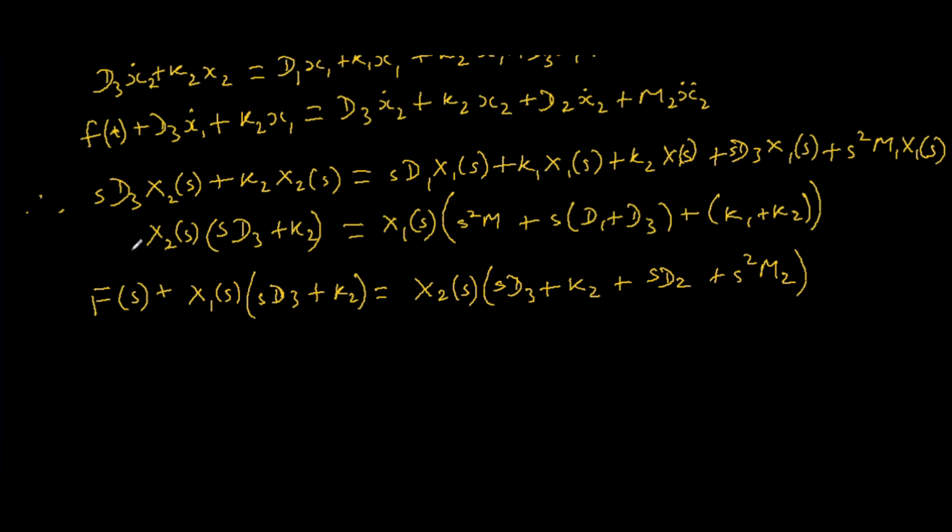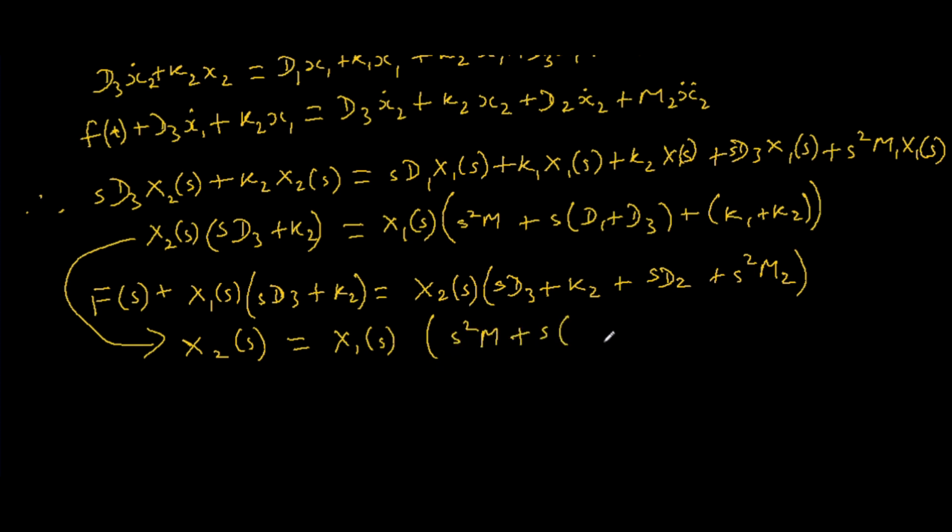So from this expression over here, we have that our X2 of S is equal to X1 of S into S squared M1 plus S into D1 plus D3 plus K1 plus K2, all of this divided by S D3 plus K2. Okay, so X2 is equal to this.